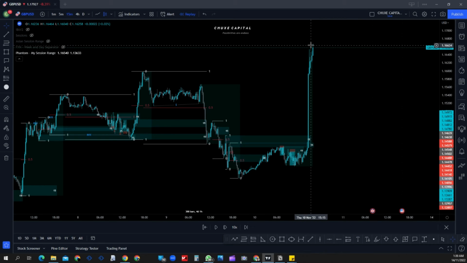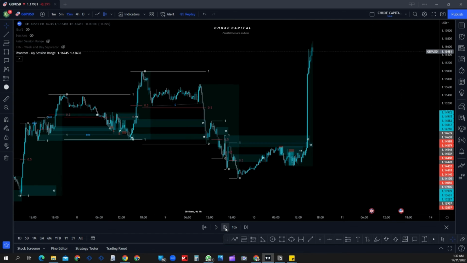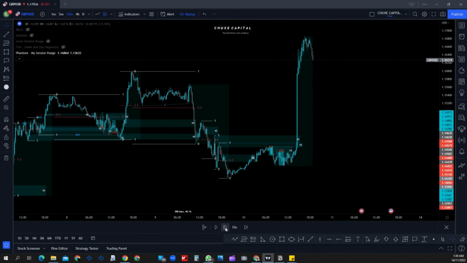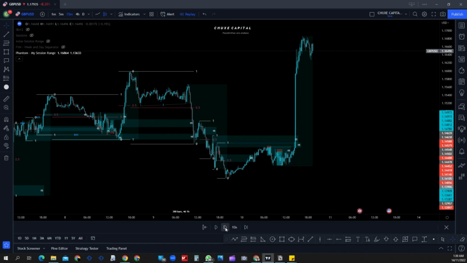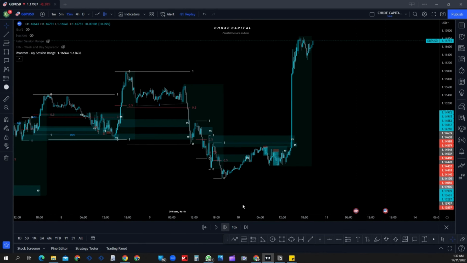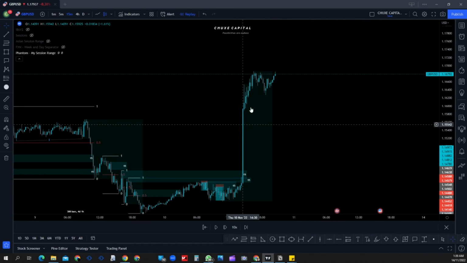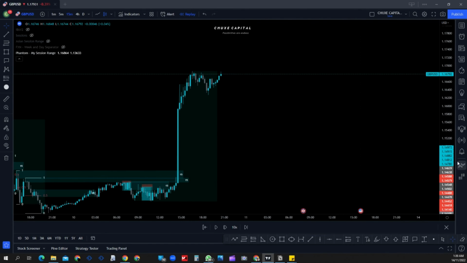And just kept going. It's a crazy one. So this pullback.